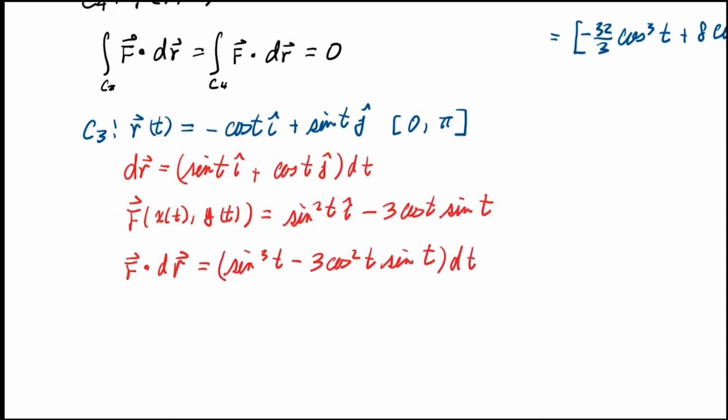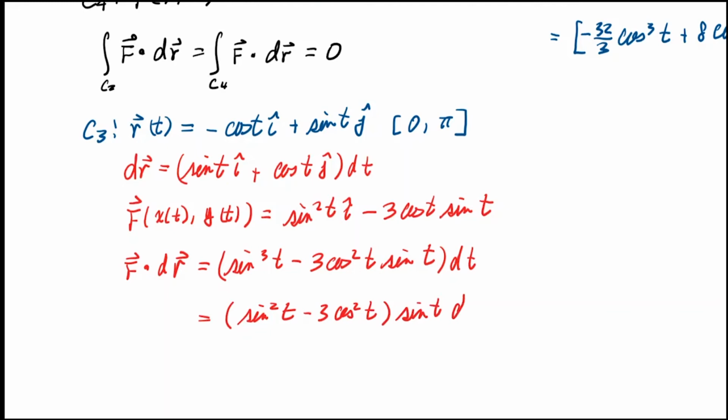Okay, I'm going to simplify it the same way that I did before. We are in simplifying mode. So we'll factor out sine t, so we have sine squared t minus 3 cosine squared t, and then sine t.